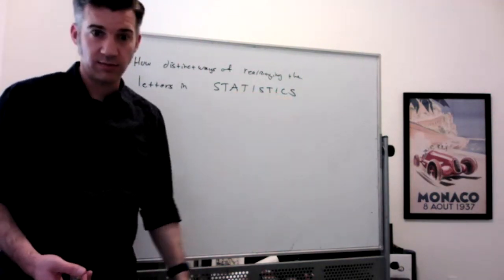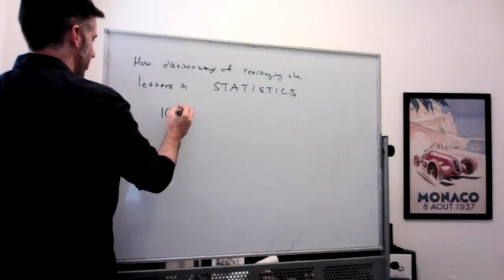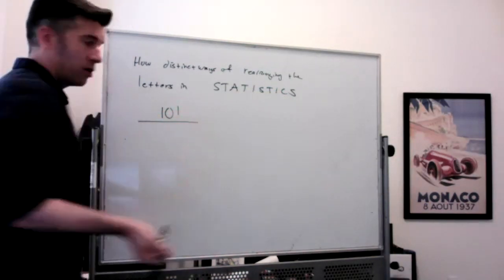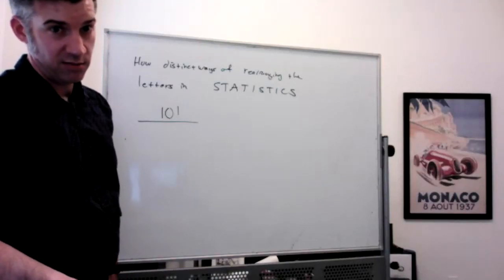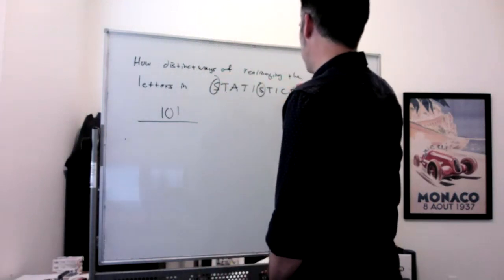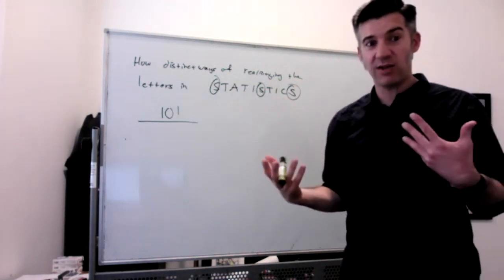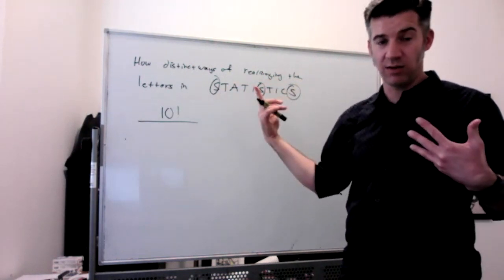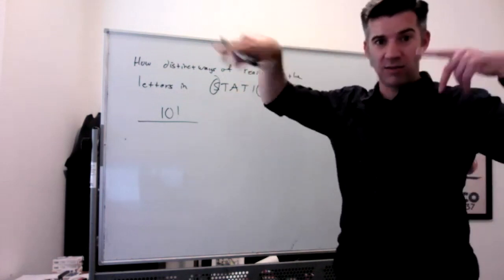There's 10 letters. So there are 10 factorial permutations of those letters, but some of them are repeated. There are 1, 2, 3 S's. So for all 10 factorial possible permutations of these 10 letters, 3 factorial of them will have the S's in the same spots, right?